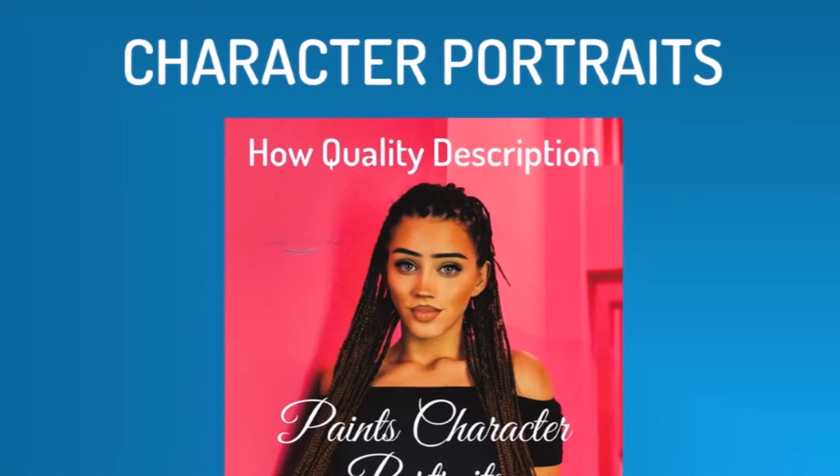So let's talk about character portraits. Description is one way your readers get to know your characters. When you describe your character as shoulders slumped, looking at your shoes, you're letting your reader know not only that they're disappointed, but how that disappointment manifests within them and how they handle that disappointment.